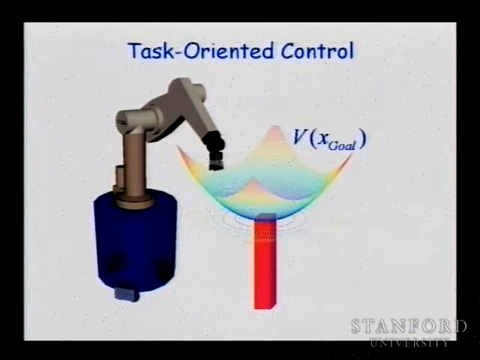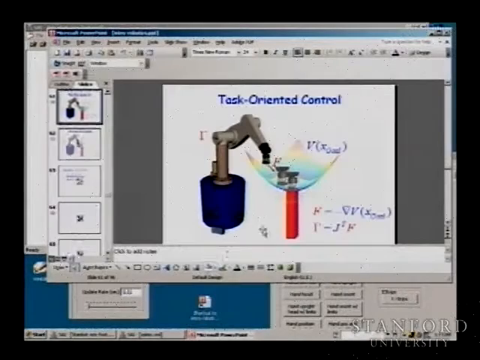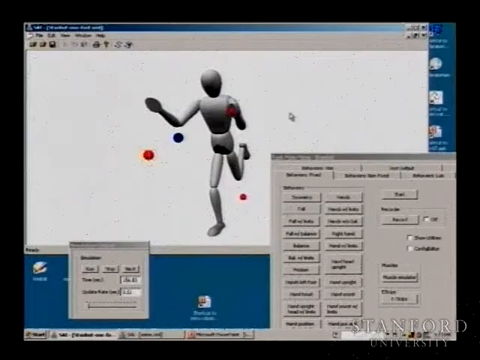And at the initial configuration, you have no commitment about the final configuration of the arm. You are just applying the force towards the goal, and you are moving towards the goal. So simply by creating a gradient of a potential energy, you will be able to move to that configuration. And this is precisely what we saw in this example of this robot here.